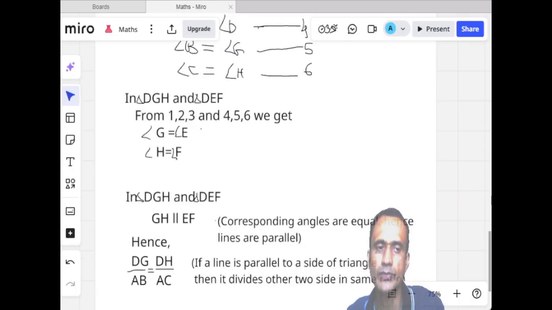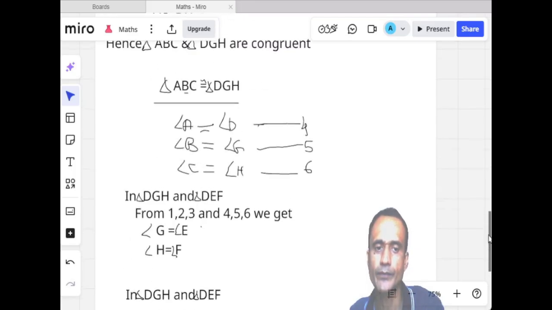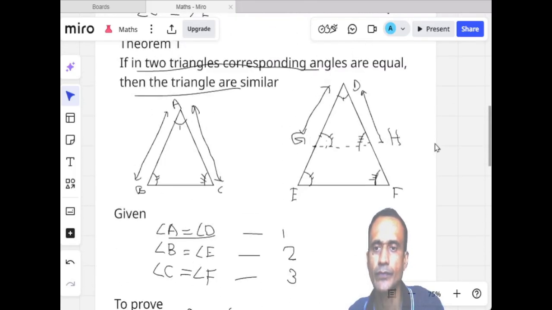So we have seen that the corresponding angles in these two triangles are equal. This angle is equal to this angle, and this is a transversal. So these two lines are parallel. So in this triangle, if the line is parallel to the third side, then it divides the other two sides in the same ratio.